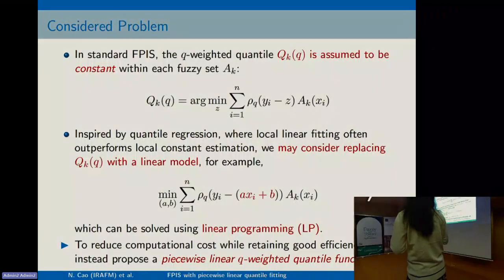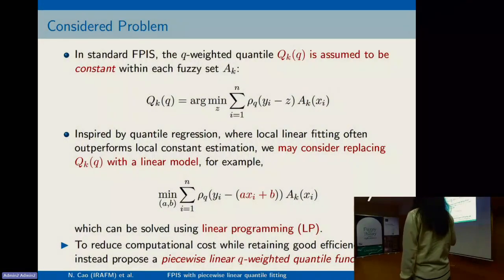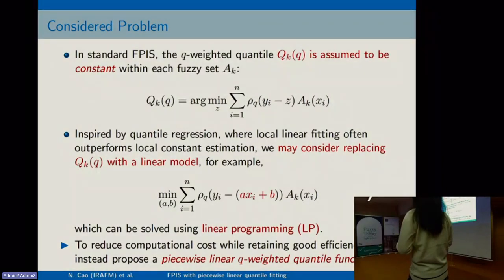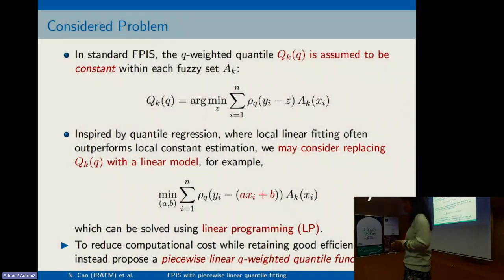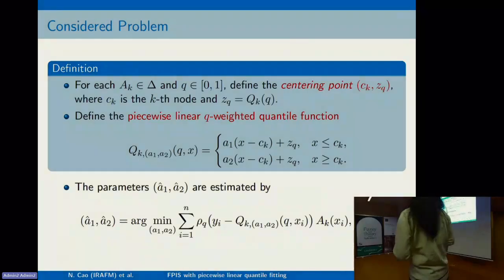And why don't we use just a pure linear line here? Because it is solved by a linear programming problem, and we don't want that. So we propose another way. Instead of the pure linear line, we propose the piecewise linear weighted quantile function. Instead of using linear programming, the computation is much faster.